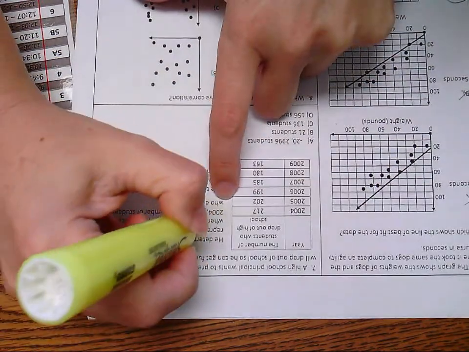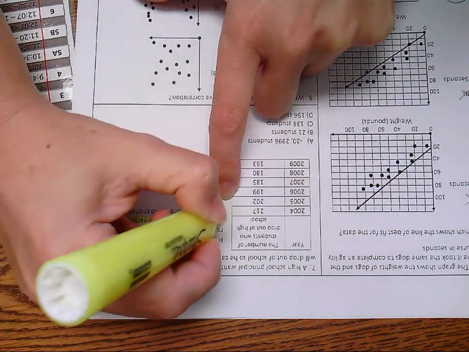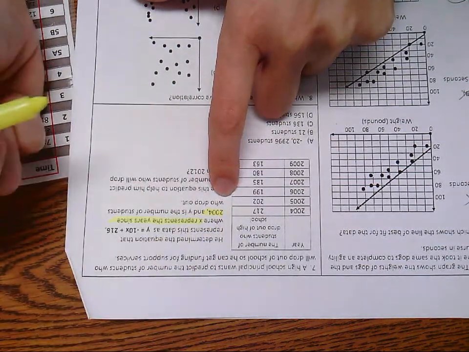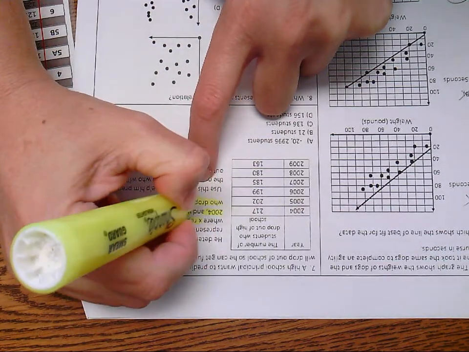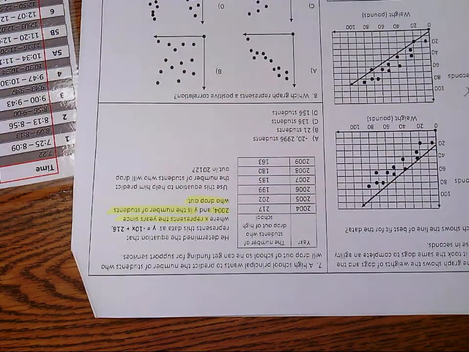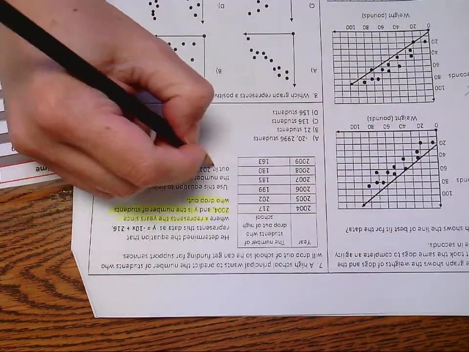Again, important information. I'm going to highlight that or underline or circle. And y is the number of students who drop out. Also important information. Use this equation to help him predict the number of students who will drop out in 2012. That's what I want to know.